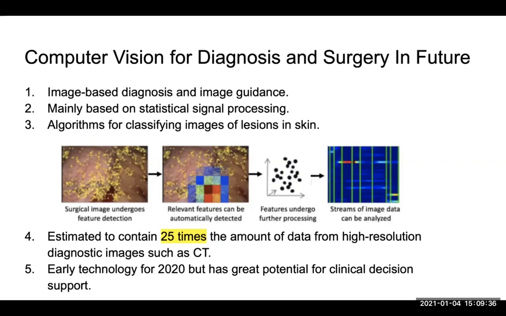Here, deep learning is used to engineer computer vision algorithms for classifying images of lesions in skin and other tissues. Video data is estimated to contain 25 times the amount of data of high-resolution diagnostic images such as CT, and it could thus provide a higher data value based on resolution over time.